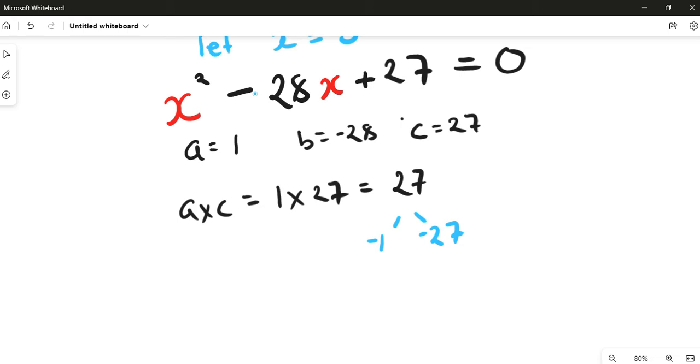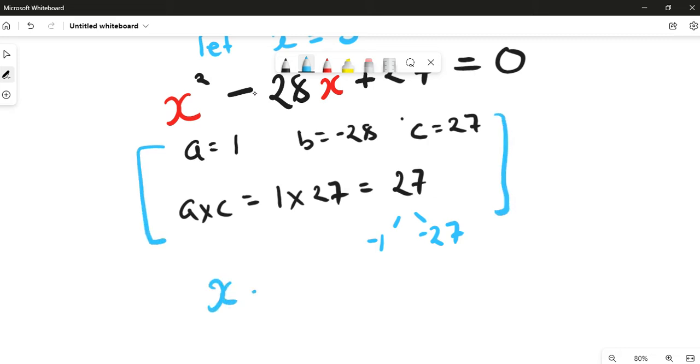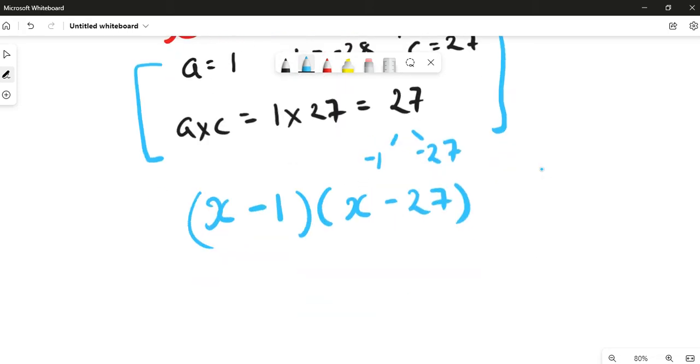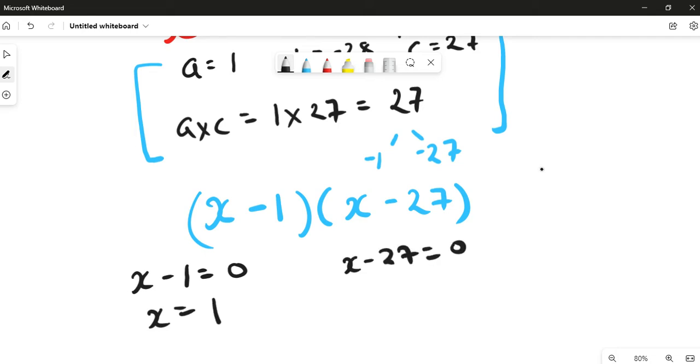So we can factorize our quadratic equation to become x minus 1, close brackets, x minus 27. So we equate both to 0. x minus 1 equals 0, therefore x equals 1. x minus 27 equals 0, therefore x equals 27.